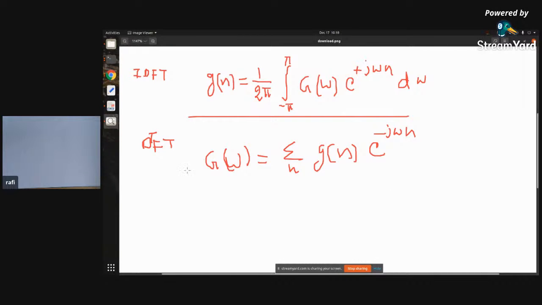Now when you differentiate this with respect to omega, what happens here? These other terms are independent of omega. Only the exponential depends on omega, so this will get multiplied with minus jn.